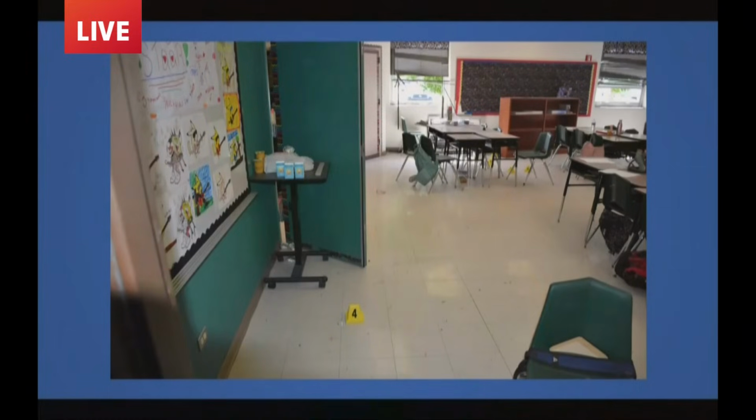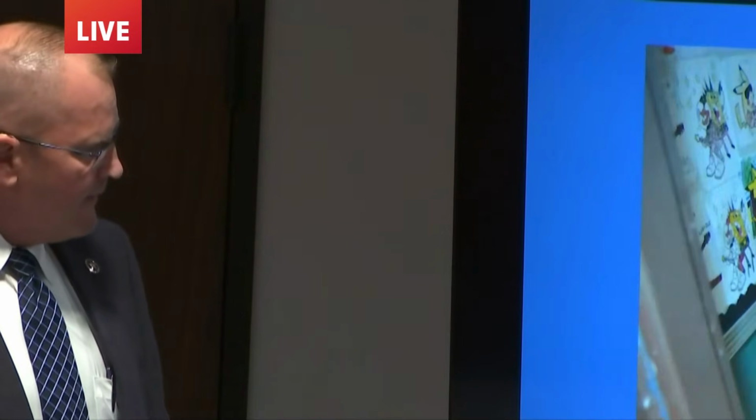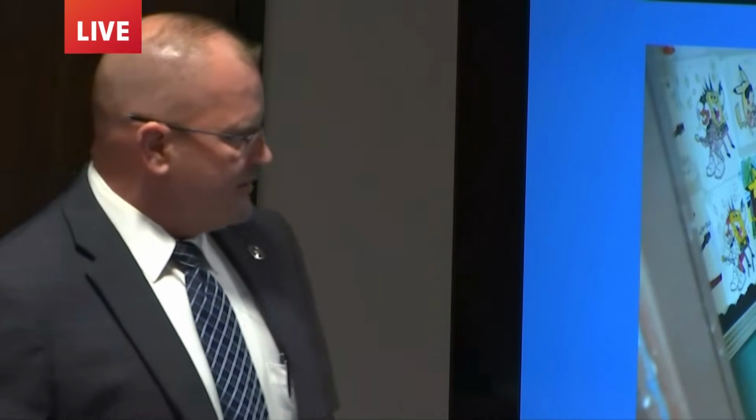Yes. And would you show us where those are? Yes, these are the markers closer to the window that we just saw in the previous photograph. This one is actually going to be another bullet fragment closer to the entrance door of the classroom, marked number 4. Exhibit 210, it's going to be a closer angle of Exhibit 4 and Exhibit 3.